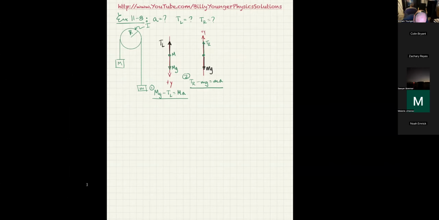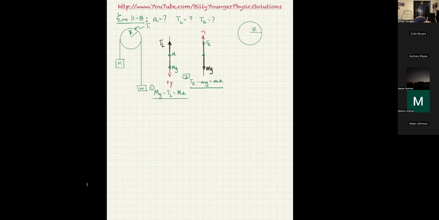Now I'm going to do the free body diagram for the pulley, and I was really wanting my program to make that a circle, but it did not do that. There it goes. Okay, so we know this distance is just plain capital R, and we know that's actually perpendicular to the string.